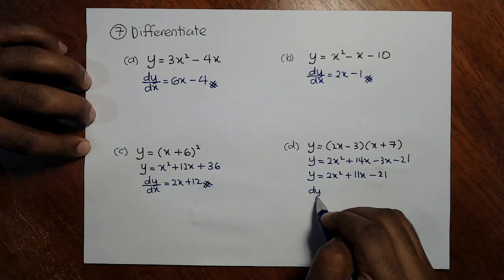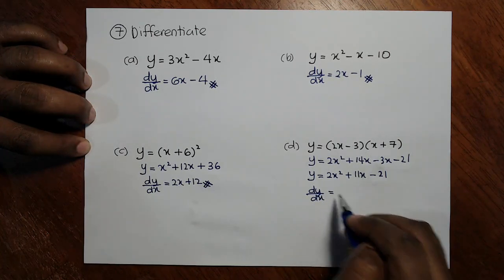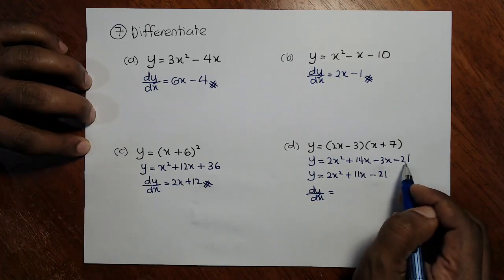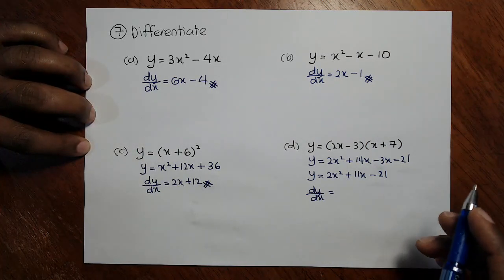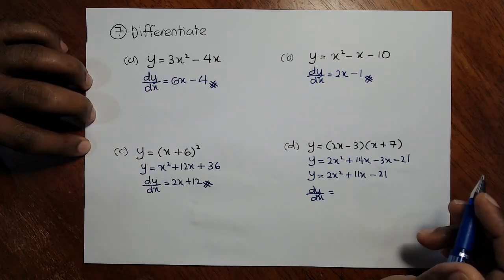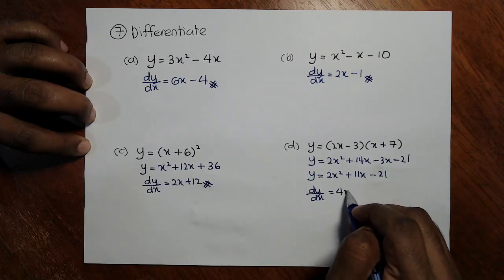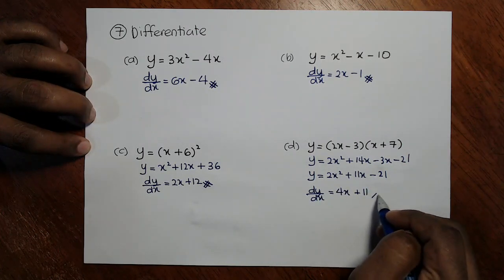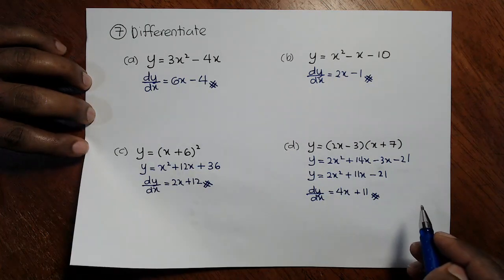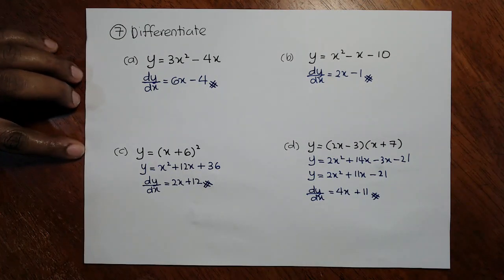So dy dx will be, let me check. Yep. So dy dx will be 4x plus 11. That's it, guys. So easy. Right. I'll see you in the next video.